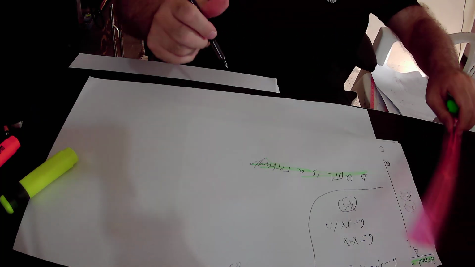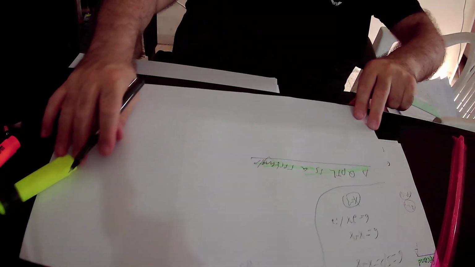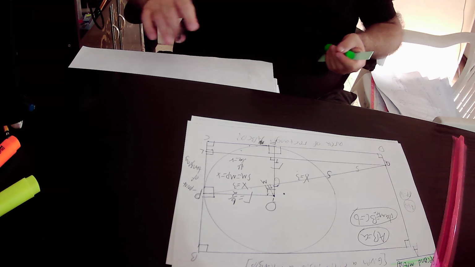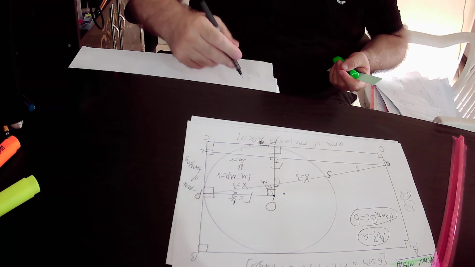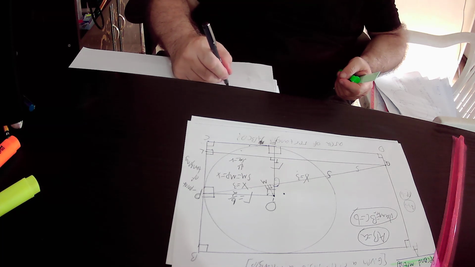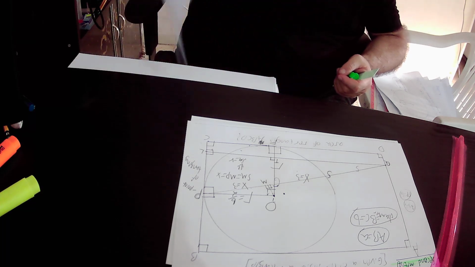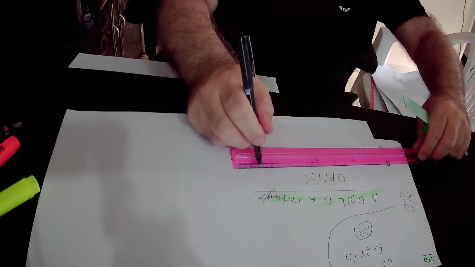But we also know that the opposite sides of a rectangle are parallel to each other. Therefore OP is parallel to TL, according to the rule that the opposite sides of a rectangle are parallel to each other.